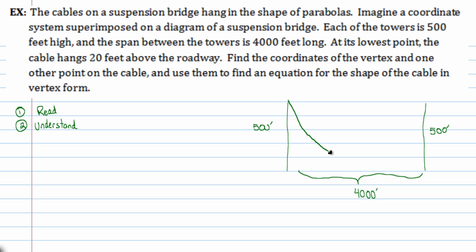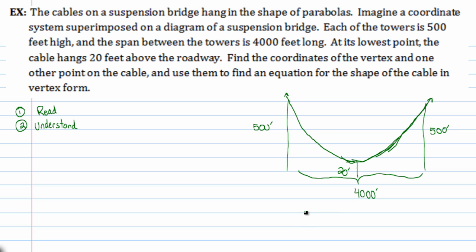It comes down pretty shallow and then climbs back up. The distance when it reaches its lowest point is just 20 feet above the ground. Now I'm supposed to model this using a quadratic equation.